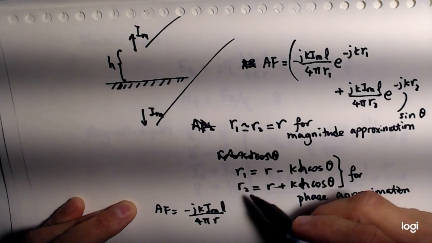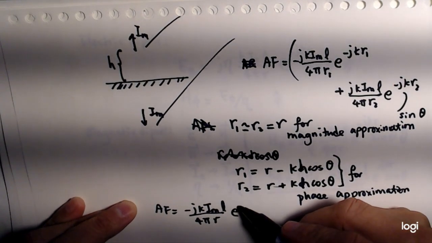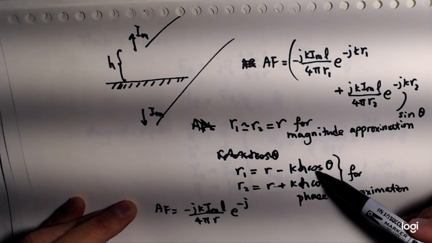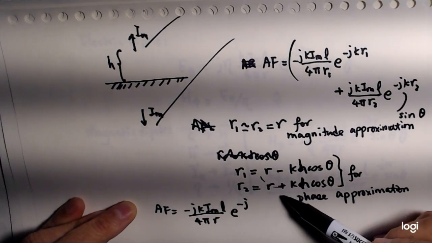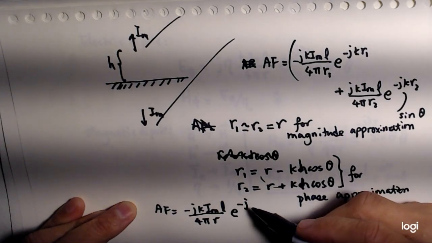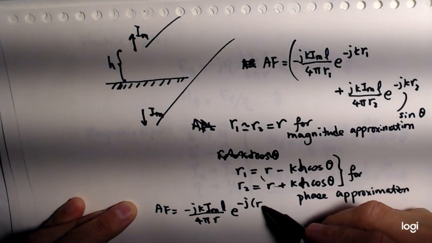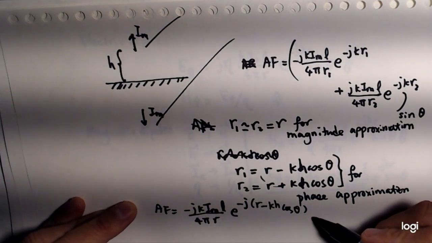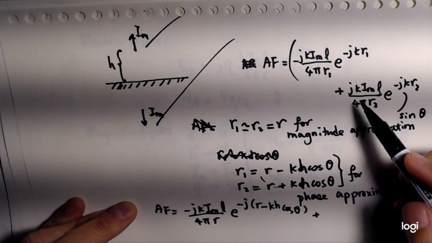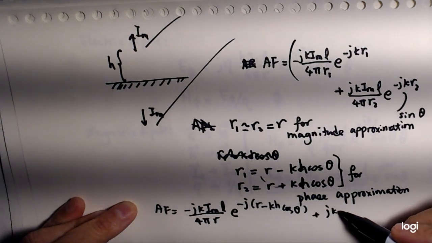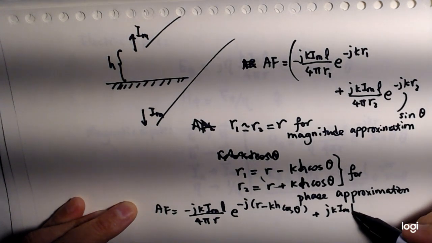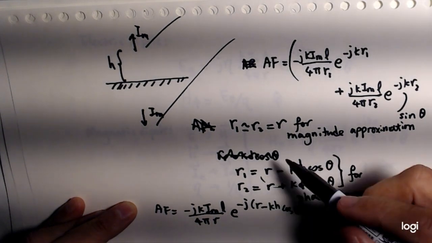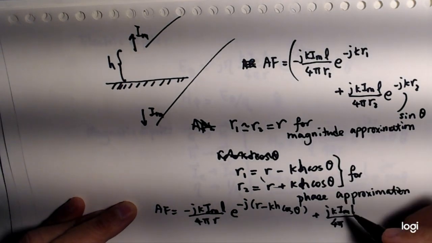And then here we are going to substitute R1, right? We will use these two formulas for phase approximation. So R minus kh cosine theta, and then plus j k I m L over 4 pi. Again, R2 will be equal to R in terms of magnitude approximation.